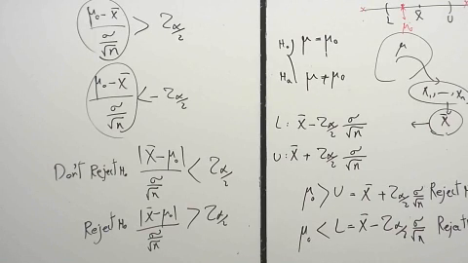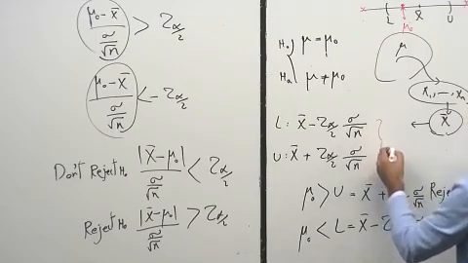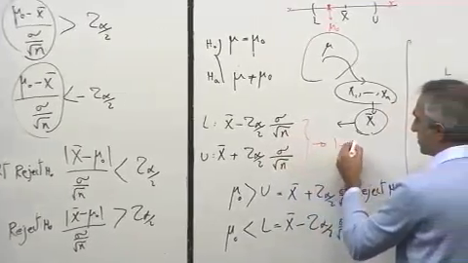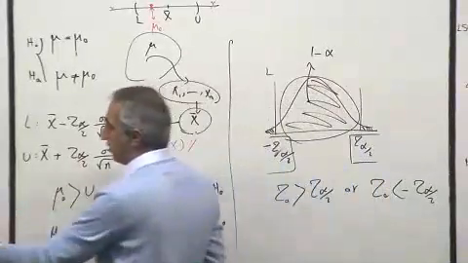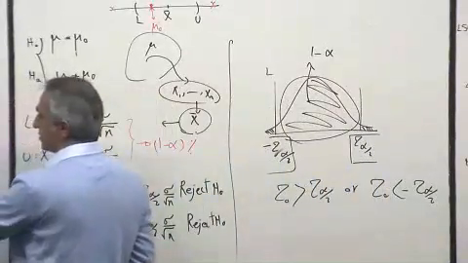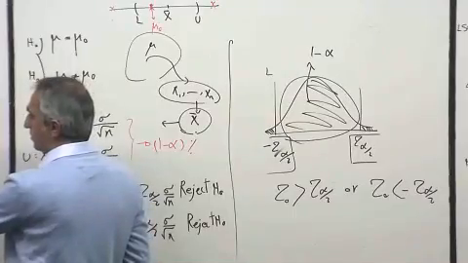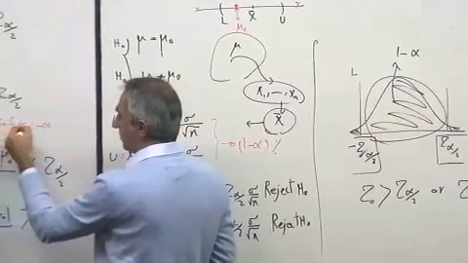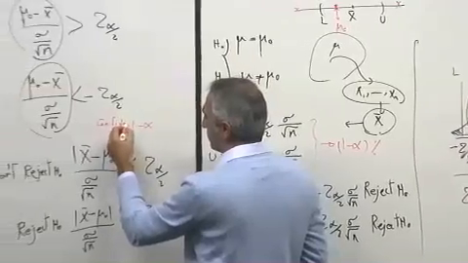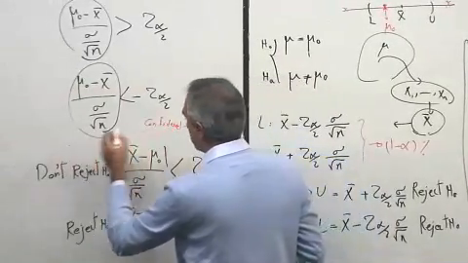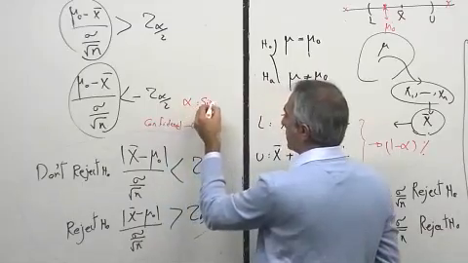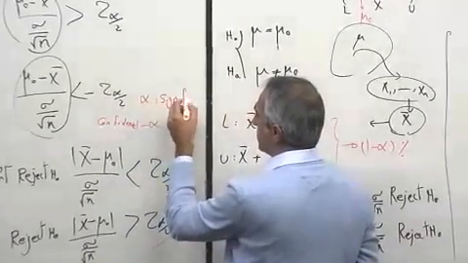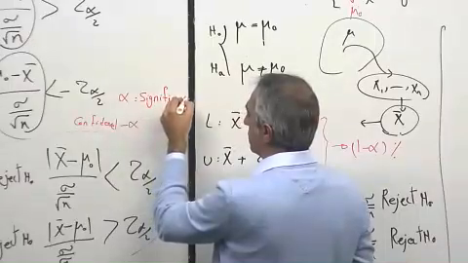So now, do you remember what the confidence was for that? This was the 1 minus alpha percent confidence interval. So the confidence for this guy is 1 minus alpha, and alpha is called the significance level.